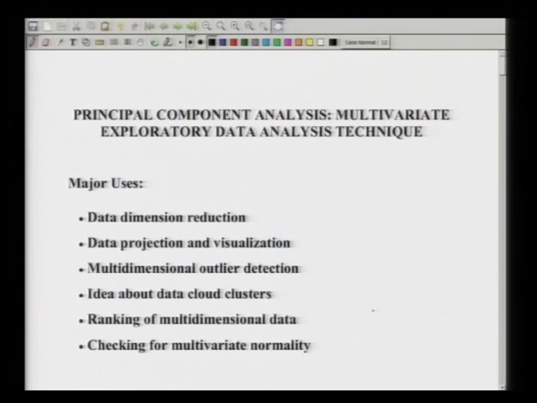So, this is our example where we start from scratch and use the SAS software to calculate the principal components. It is a branch of multivariate exploratory data analysis, and if you recall the major uses of principal components that we mentioned in the very first session on this PCA, those were data dimension reduction, which is the crux, the backbone of the whole thing.